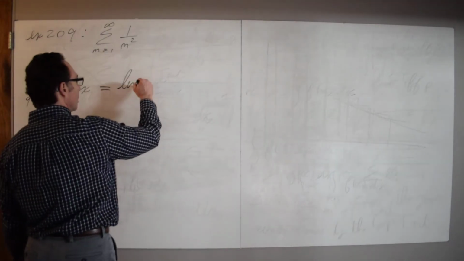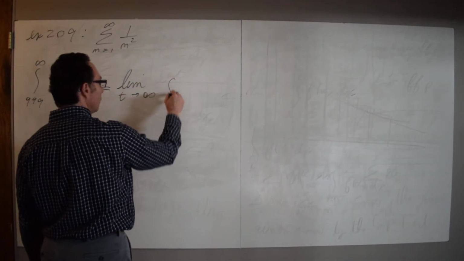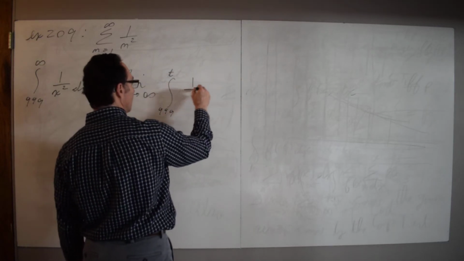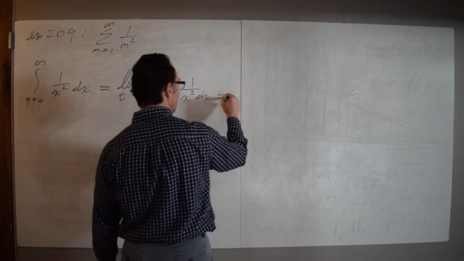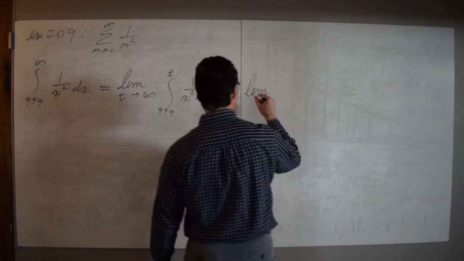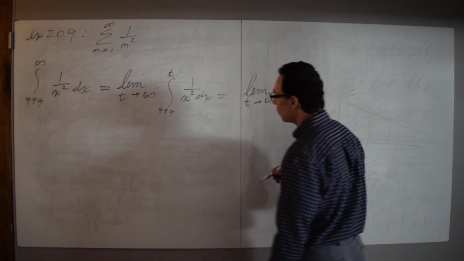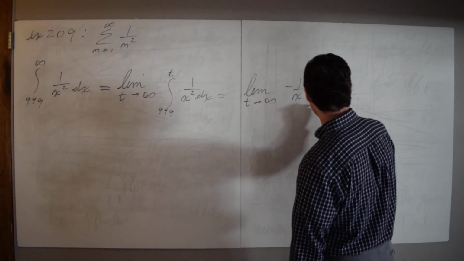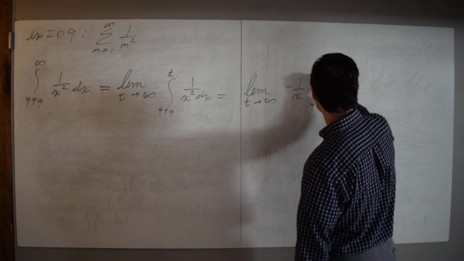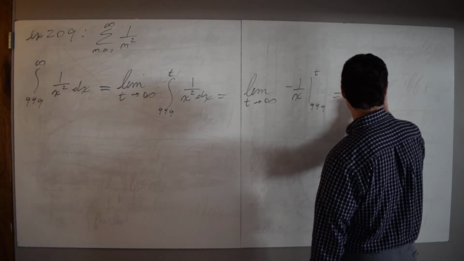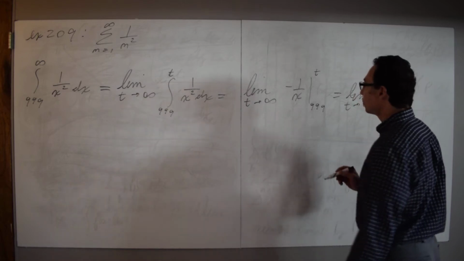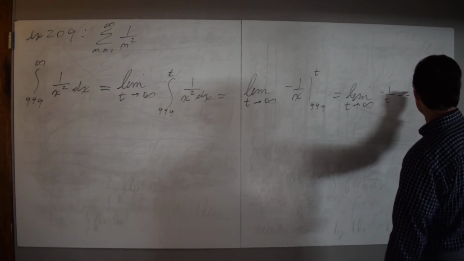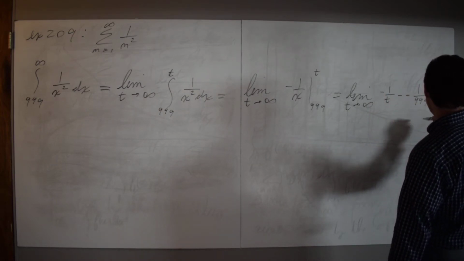This is the limit as t tends to infinity of the integral from 999 to t of 1 over x squared dx, which is the limit as t goes to infinity of negative 1 divided by x evaluated at 999 and t, which is the limit as t goes to infinity of negative 1 over t minus negative 1 divided by 999.